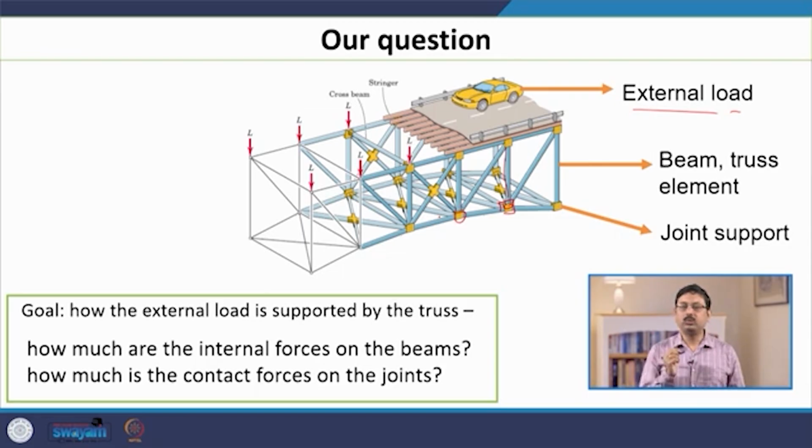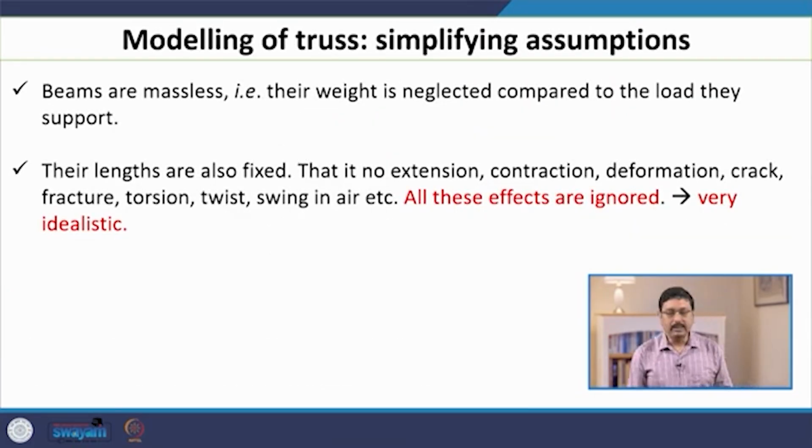These are the 2 crucial questions whose answer will determine the stability or rigidity of such structures. Now, of course, we need a few assumptions to simplify our problem, because in general it is a difficult problem.